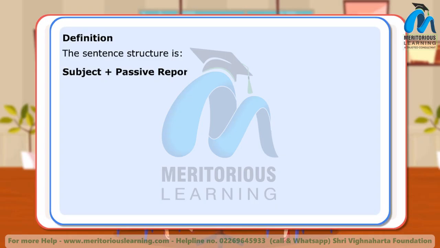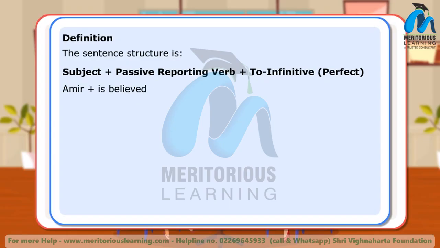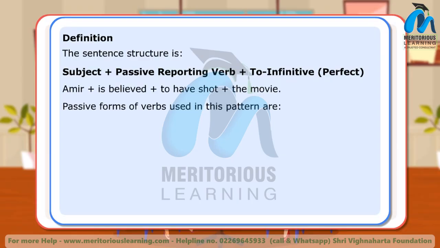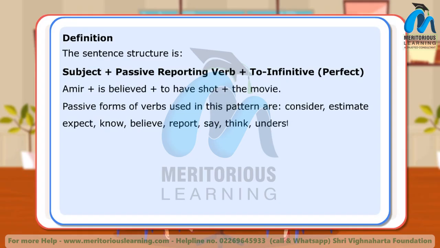Subject plus passive reporting verb plus perfect infinitive. Amir is believed to have shot the movie. Passive forms of verbs used in this pattern are consider, estimate, expect, know, believe, report, say, think, understand, and to be rumored.